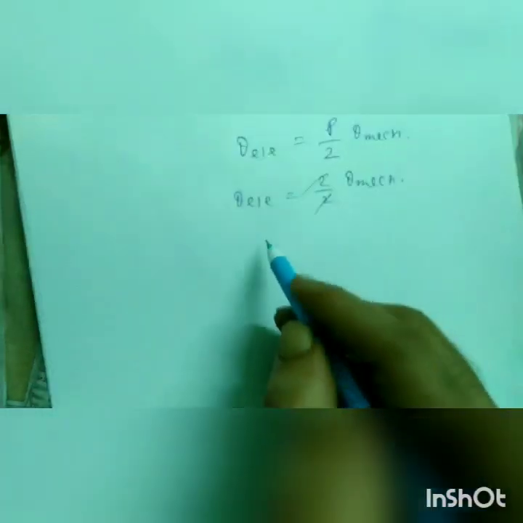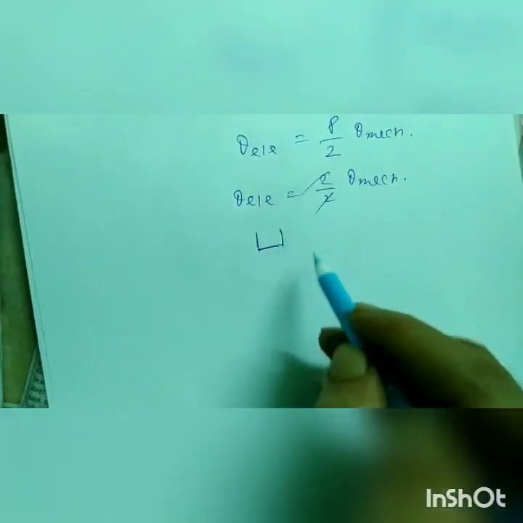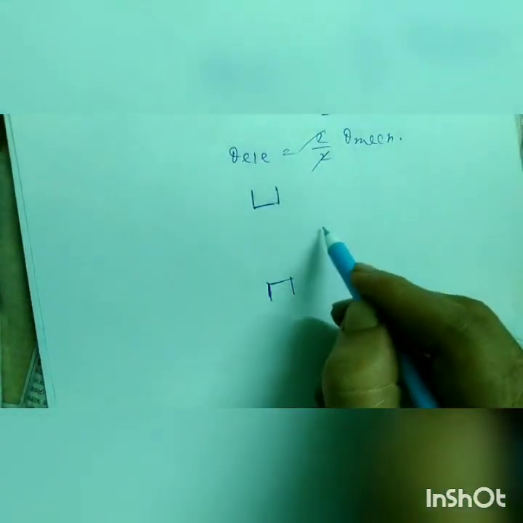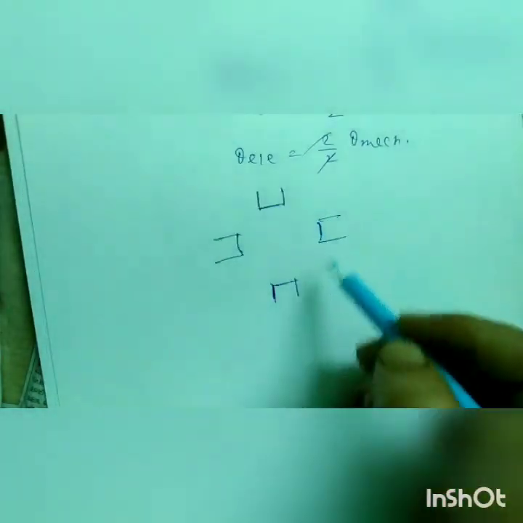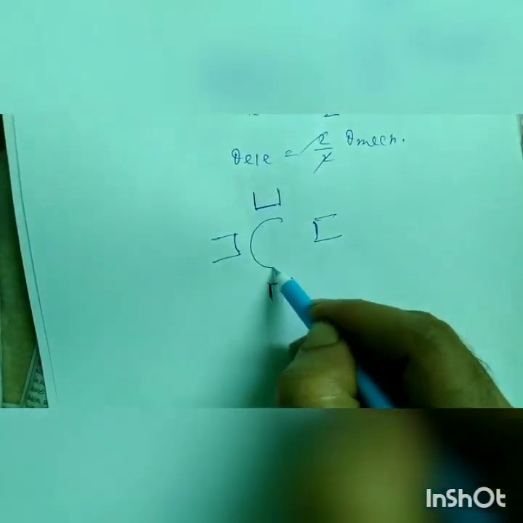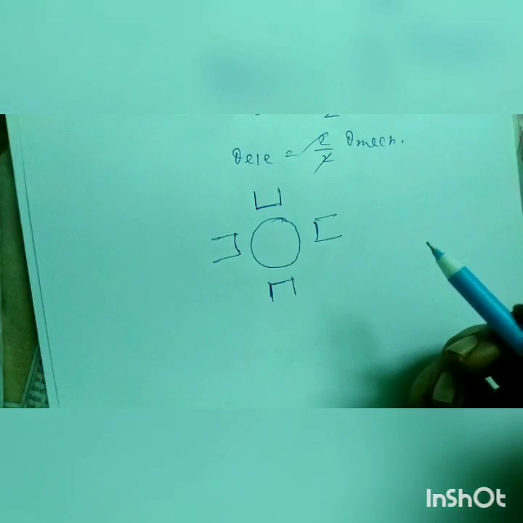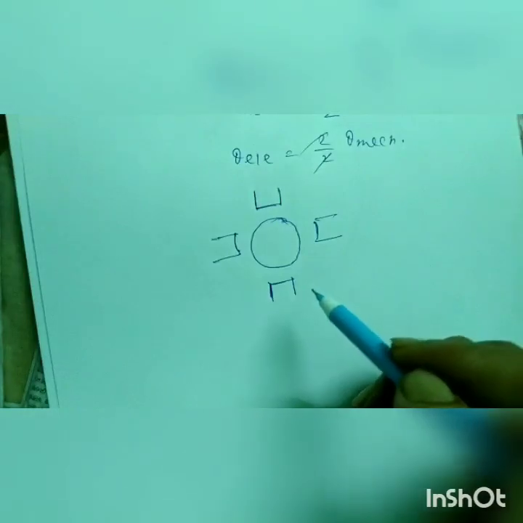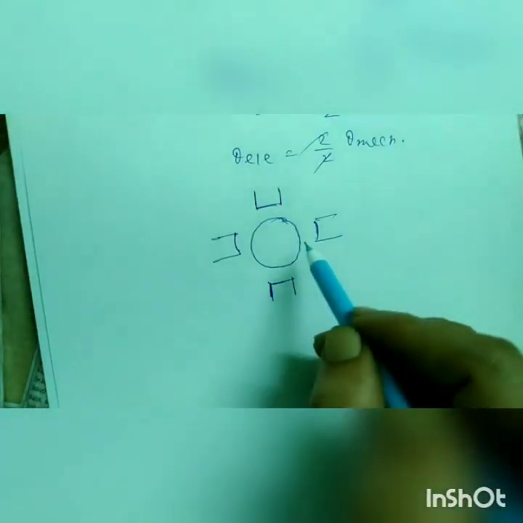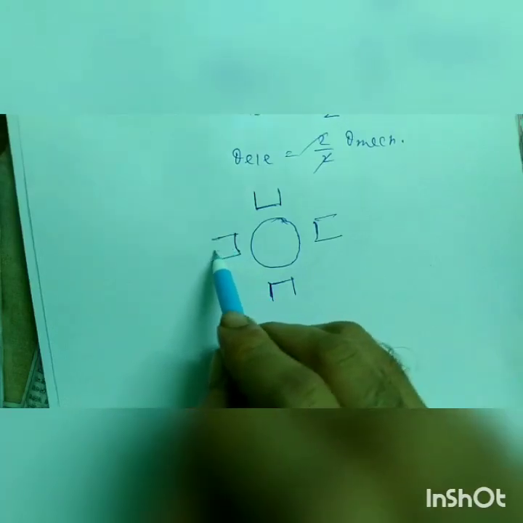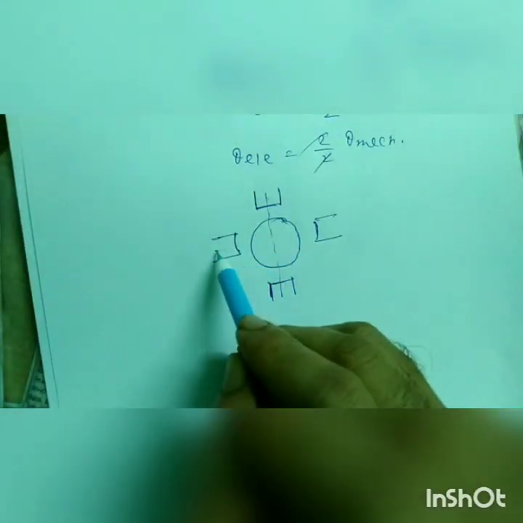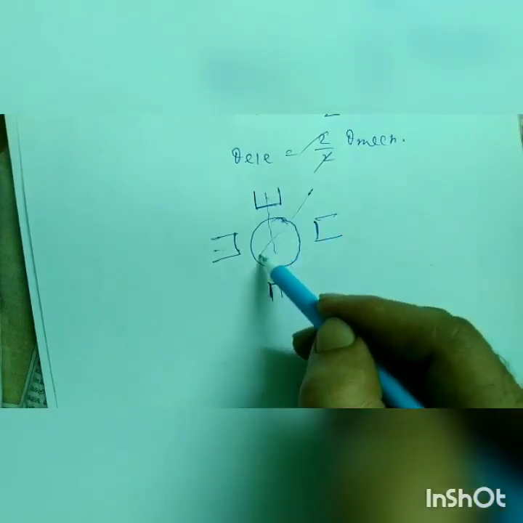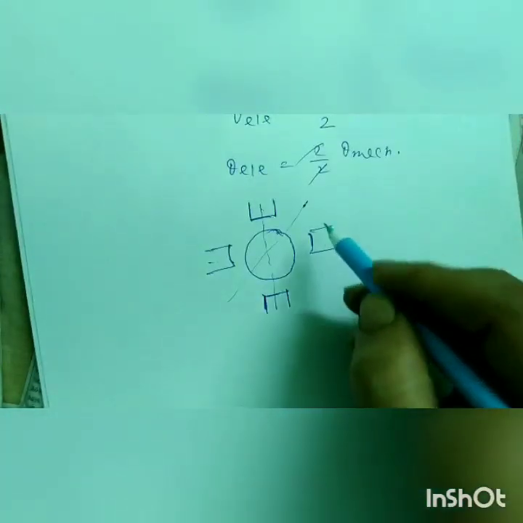So let's see. In the case of a 4 pole machine, suppose here is one pole and here is another pole. There are 4 poles. So this is the rotor. For 4 poles, this is the direct axis and the quadrature axis will be, let's see, 90 degrees.